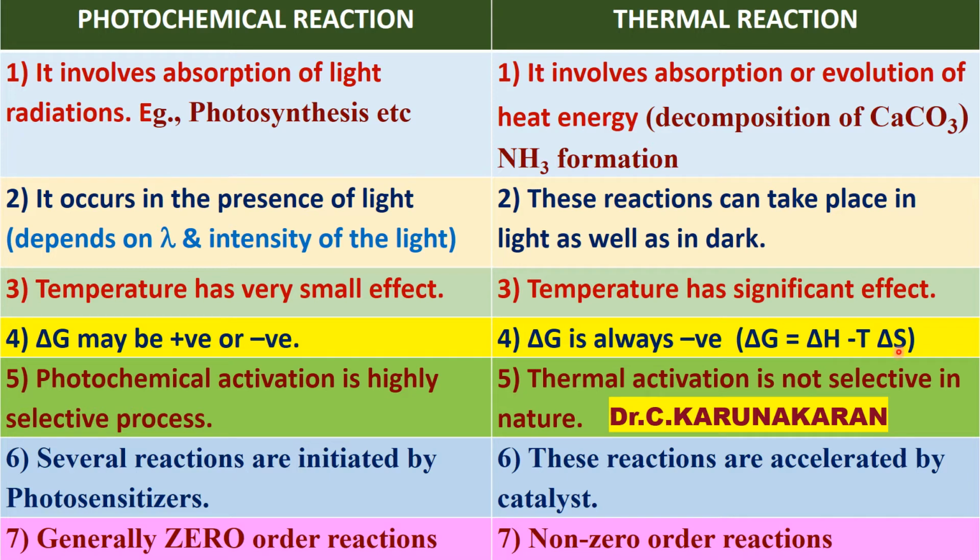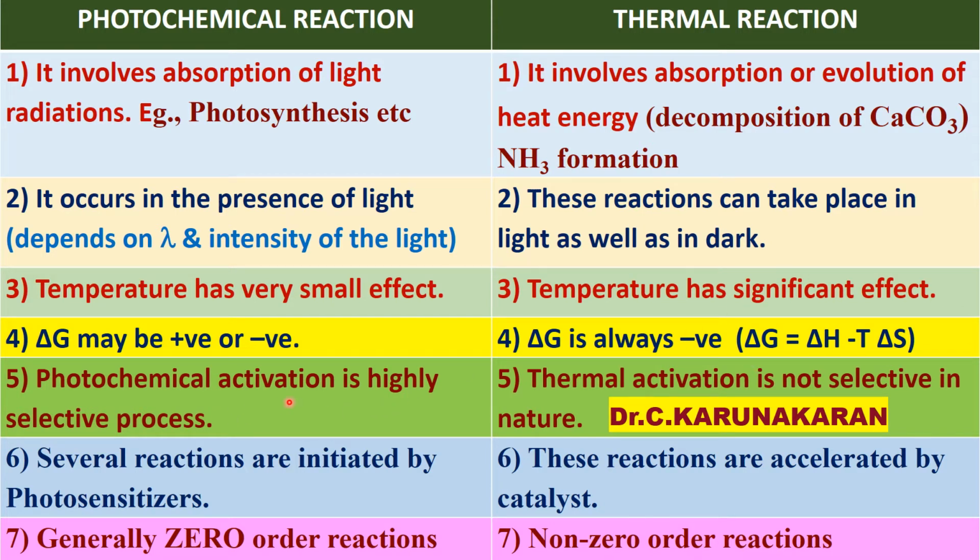For an endothermic reaction, delta H is positive, but it takes place only at high temperature. Therefore, the overall delta G will be negative. So please understand why delta G is always negative because of this.